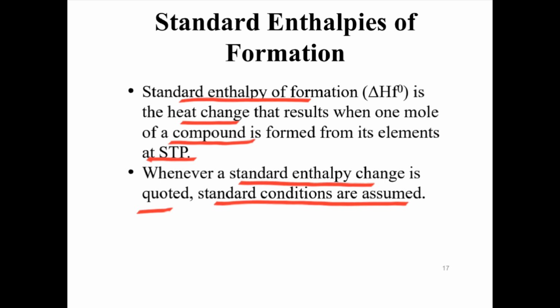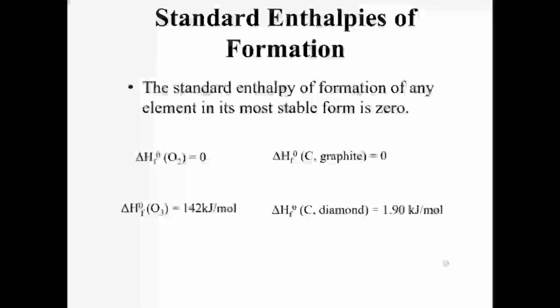So whenever a standard enthalpy change is quoted, you should think of it as being at standard conditions. So the standard enthalpy of formation of any element in its most stable form is 0.